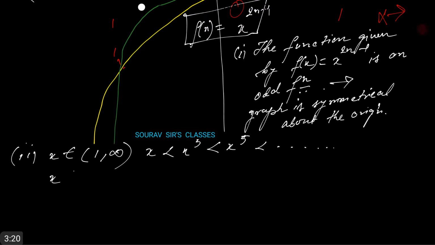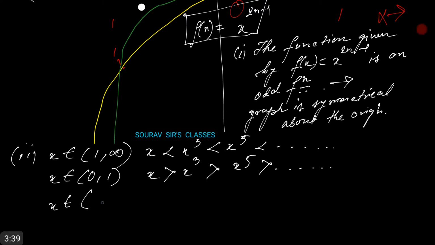When x belongs to 0 to 1, it's just reversed, as we just saw: x is greater than x cube, greater than x to the power 5, greater than and so on.